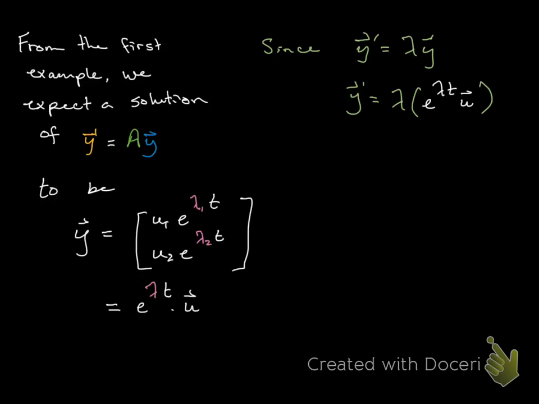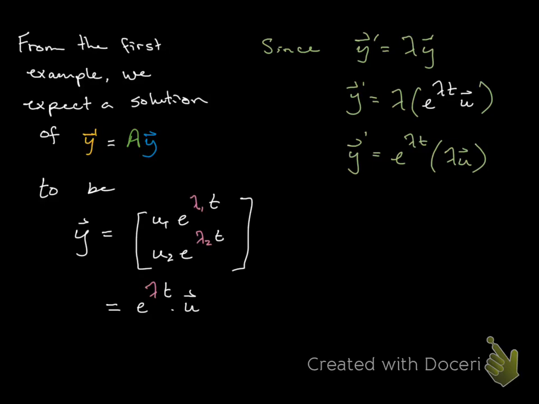But what I assume the solution looks like then is e to the lambda t times the vector u. Now, when I move some things around, that's the same as the exponential, y prime equals e to the lambda t times this vector lambda u.